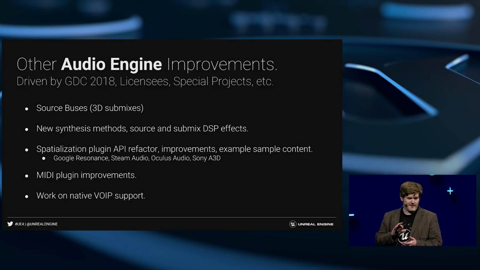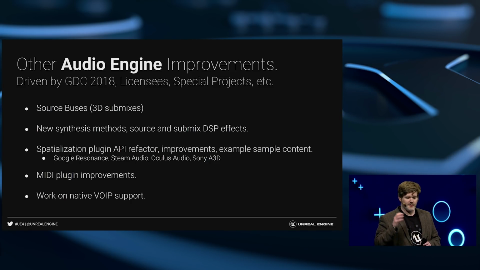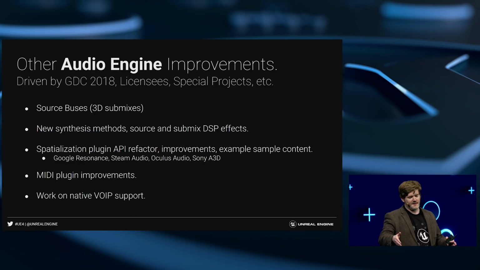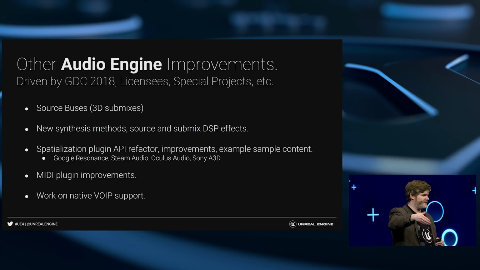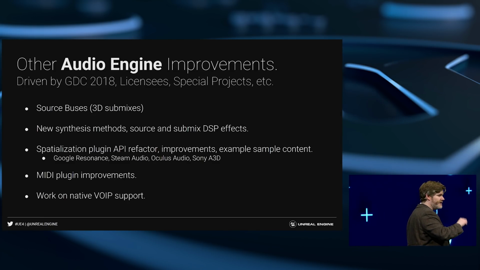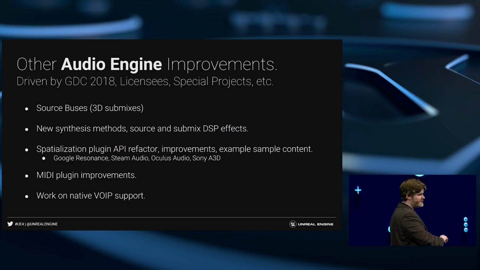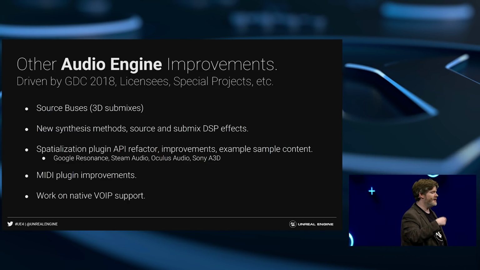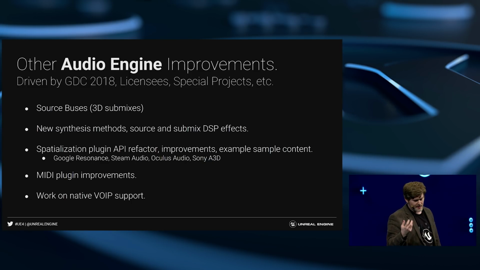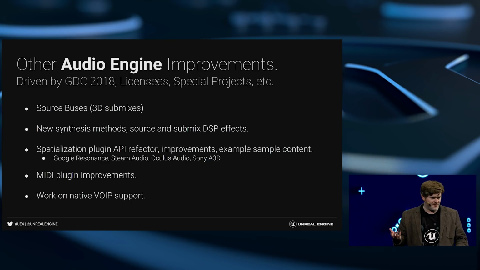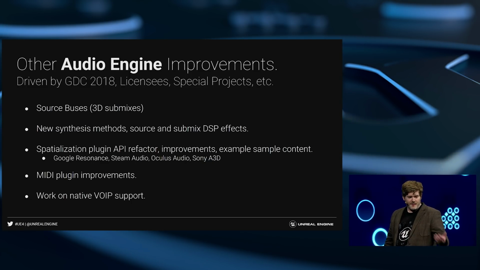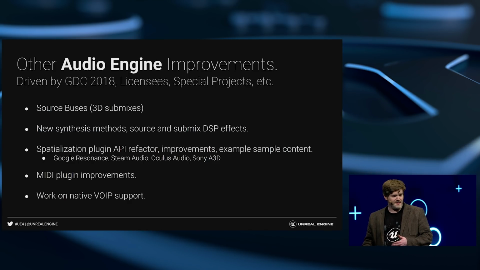Source buses are basically 3D submixes where rather than a submix that is generating output to go directly to the hardware, even if it's in a graph, a source bus is itself another sound source. So you can basically send sound sources to another source, which is a mix of multiple sources, and then move that around and apply source effects and do things with the sound source as if it was just the sound source. We also implemented a couple other synthesis methods, source and submix DSP effects.